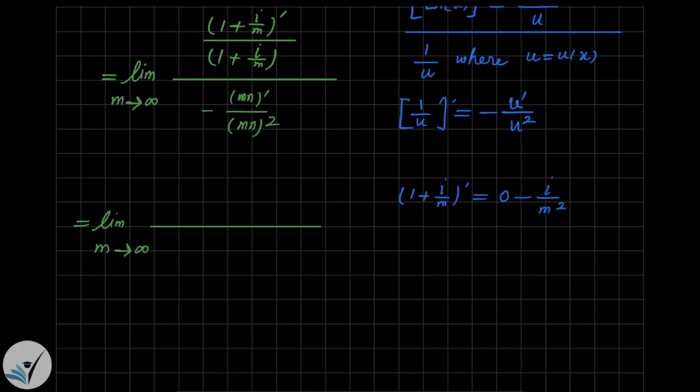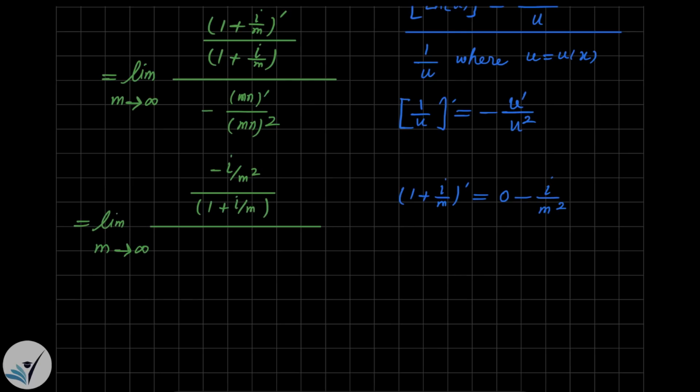Okay, let's go back to the limit expression, and in the numerator we have negative I divided by m squared over 1 plus I divided by m.